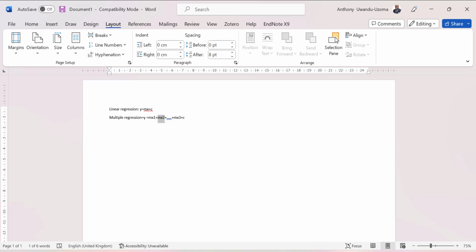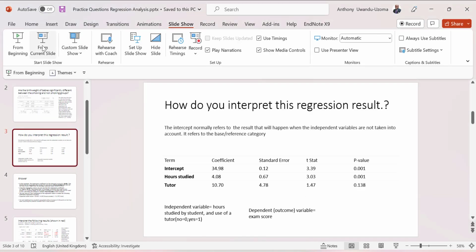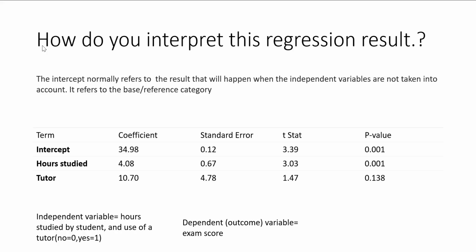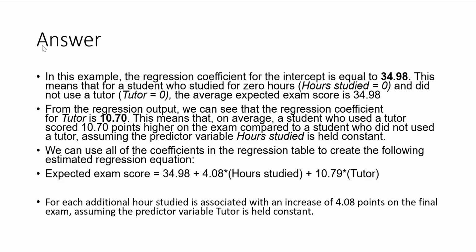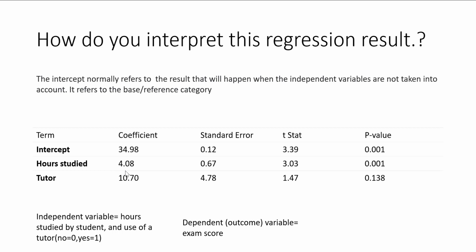All right, so trying to apply the same principle here, if you are told to interpret this, you will say that for every 1 hour extra that the student studies, keeping the tutorial exposure to the tutor constant, the student gains an extra 4.08 points in the marks on average.